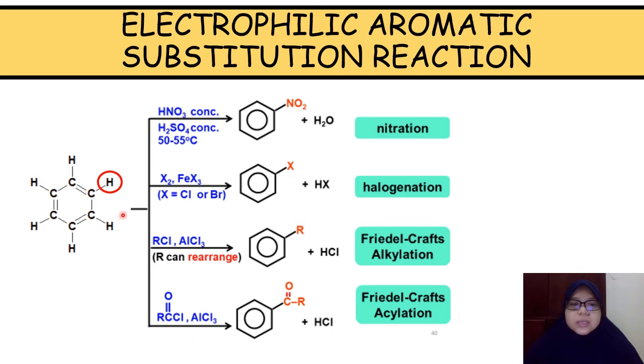In this reaction, one of the hydrogens of the aromatic ring of the benzene is replaced by an NO2 group in nitration, by a halogen in halogenation, by an alkyl group in Friedel-Crafts alkylation, and by an acyl group in Friedel-Crafts acylation.